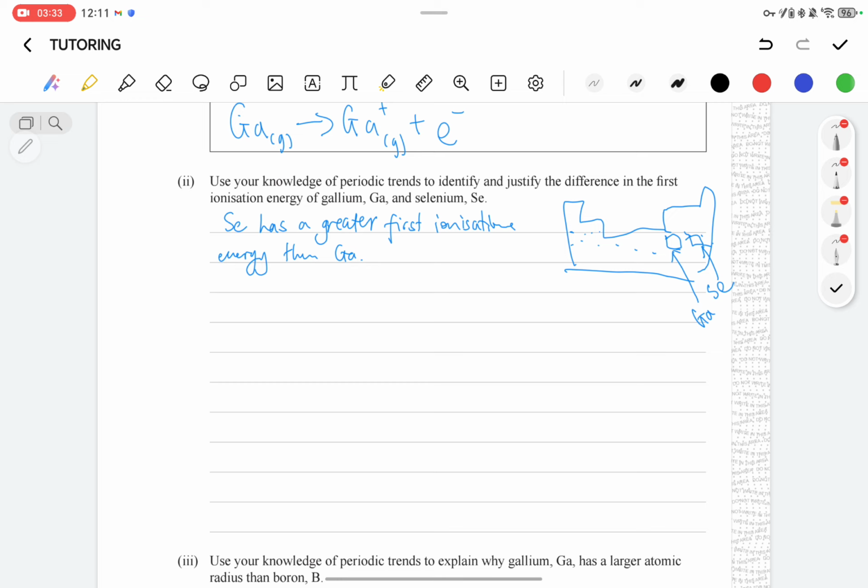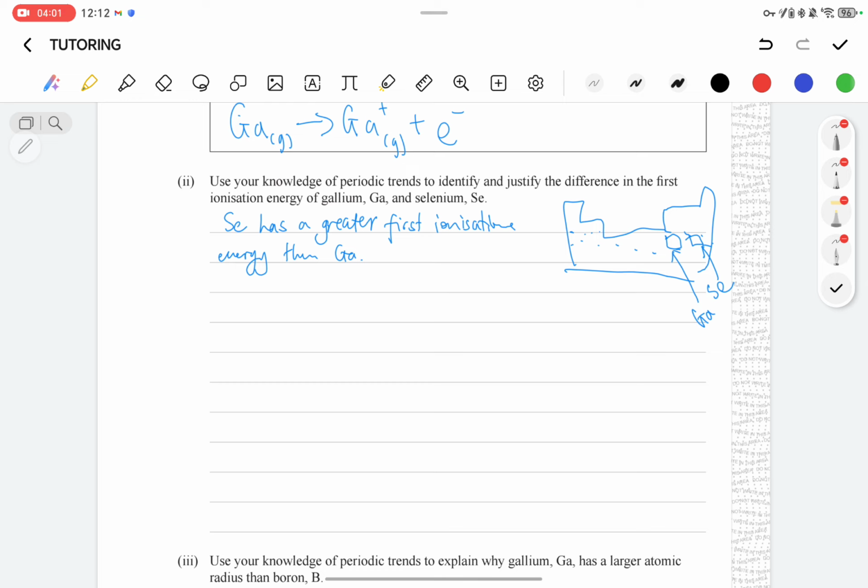So what this is saying is that since they're in the same period, the valence electrons are in the same energy level, so you have equal strength of electron shielding from inner shells, but the number of protons increases across a period.